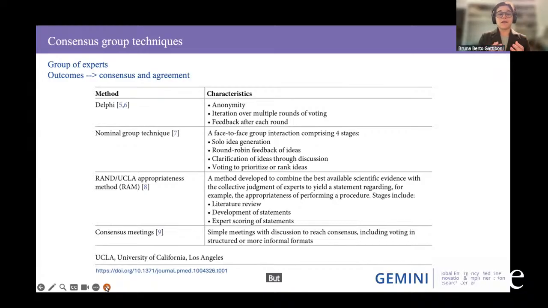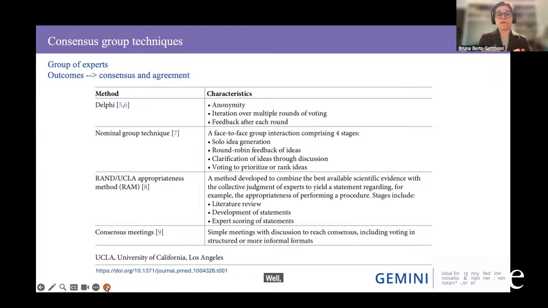The consensus is our main theme, but the Delphi and nominal group are the consensus research methods to reach this consensus among these specialists.